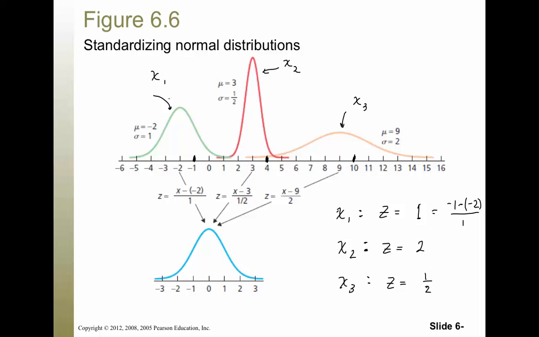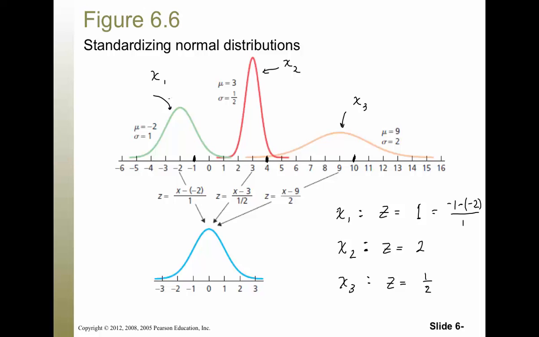Okay, so which value, x1, x2, or x3, is the highest value relative to its distribution? What's most out of the norm? What's the greatest, has the most deviation from the norm? Which one's the greatest?